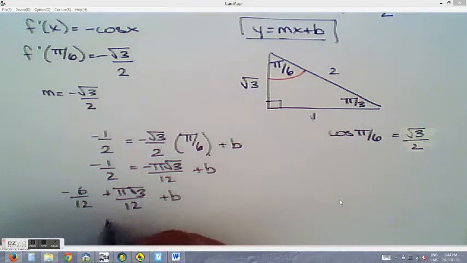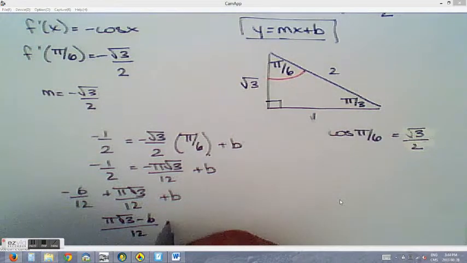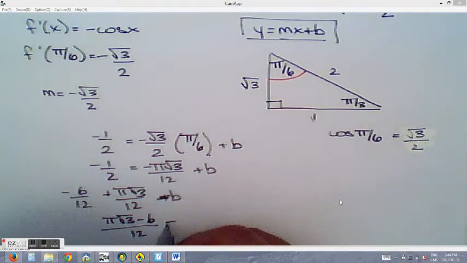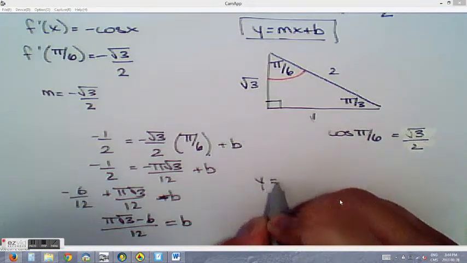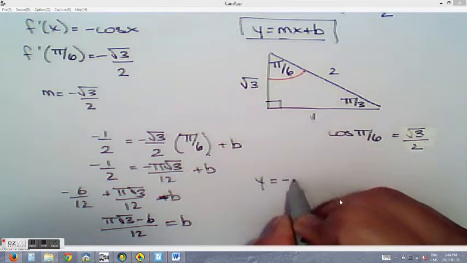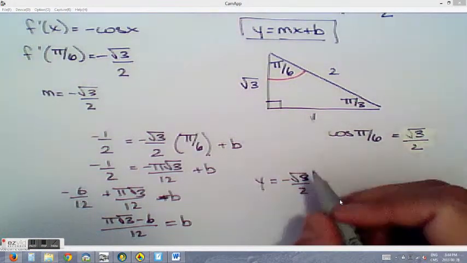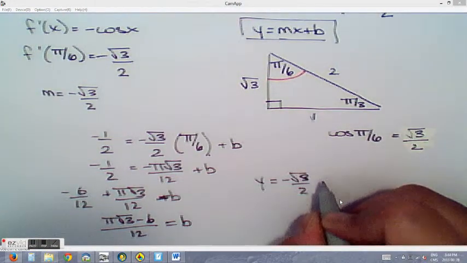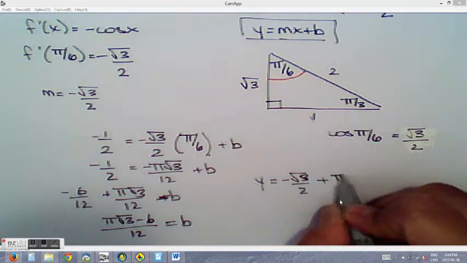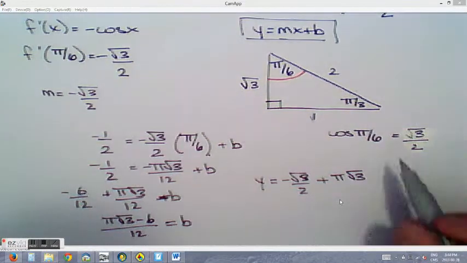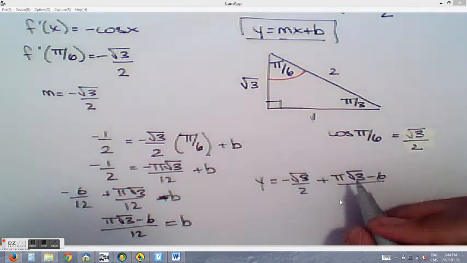Finally, pi root 3 minus 6, all over 12, equals b. And that's b. So y then is equal to negative root 3 over 2 x plus pi root 3 minus 6 over 12.